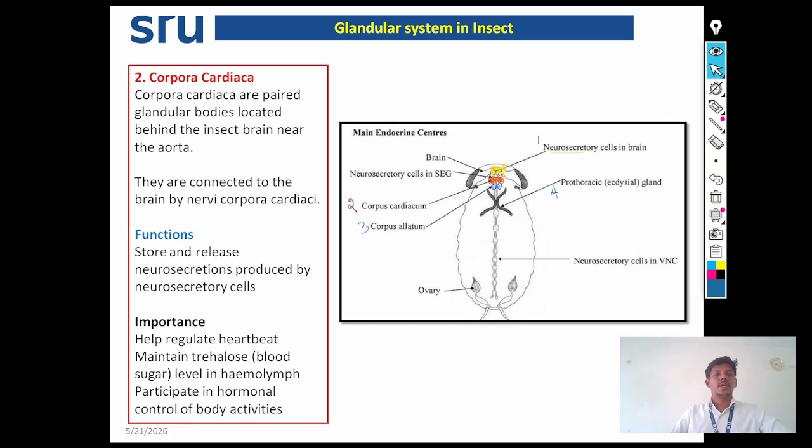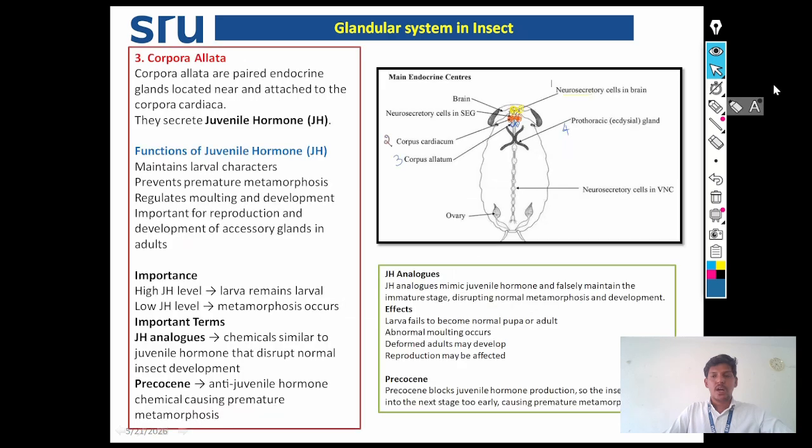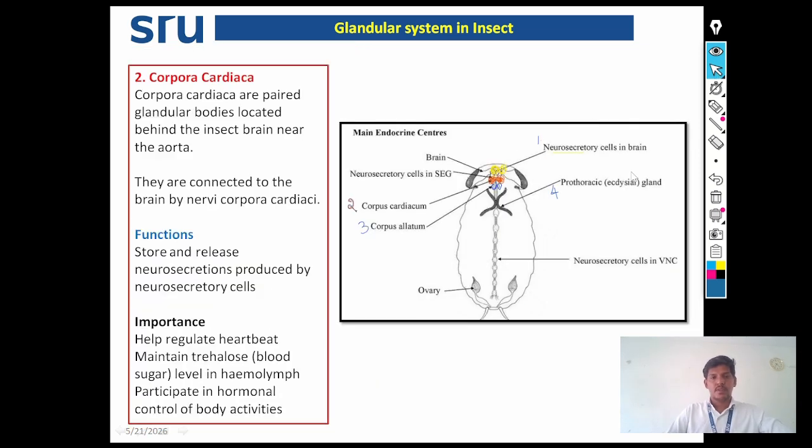Next endocrine gland, the gland without a duct, is corpora cardiaca. See, this is the corpora cardiaca.